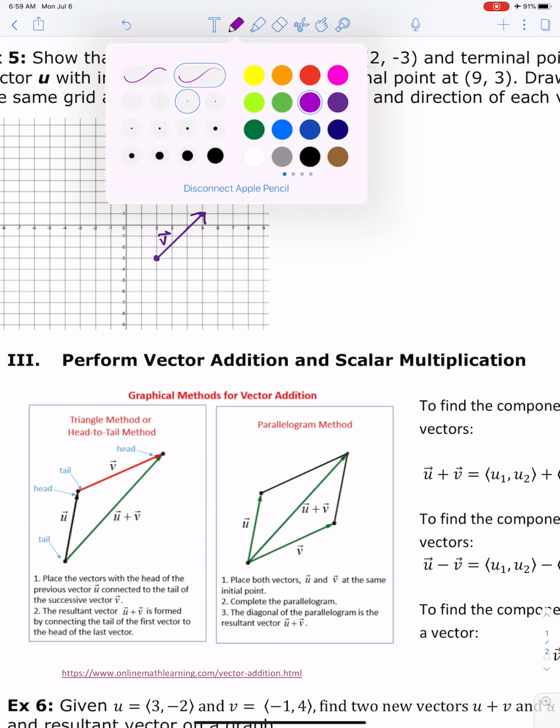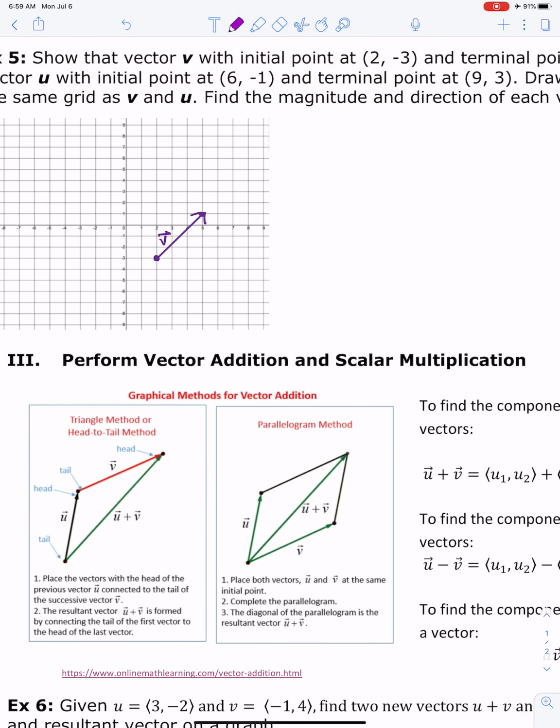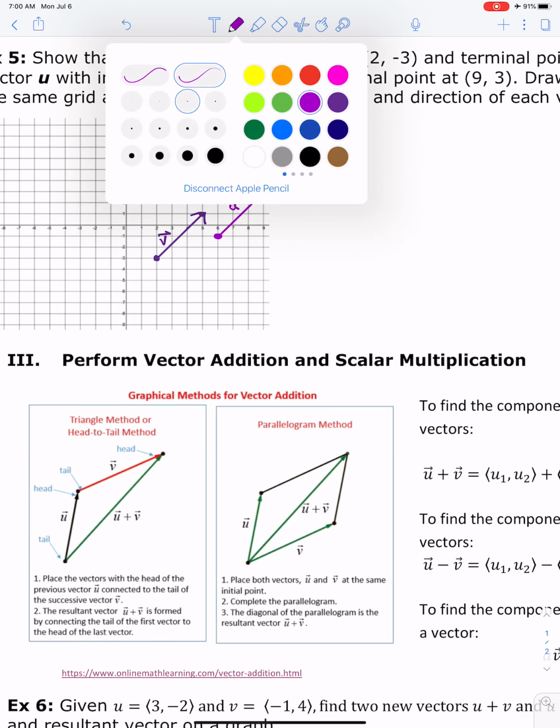We have got vector u with an initial point at 6, -1, terminal point at 9, 3. Here's my vector u.